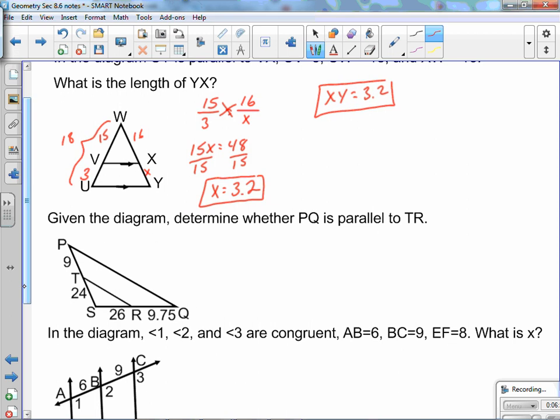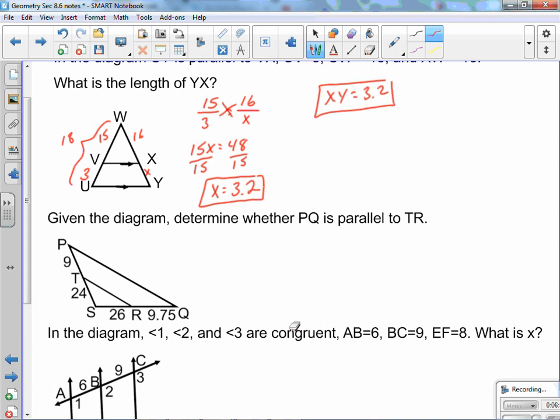The next one is basing it off of that converse. Given in the diagram, determine whether PQ is parallel to TR. So in order for TR and PQ to be parallel lines here, we know that these parts over here and here should be proportional.